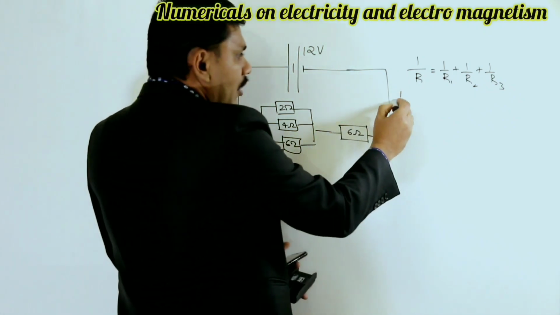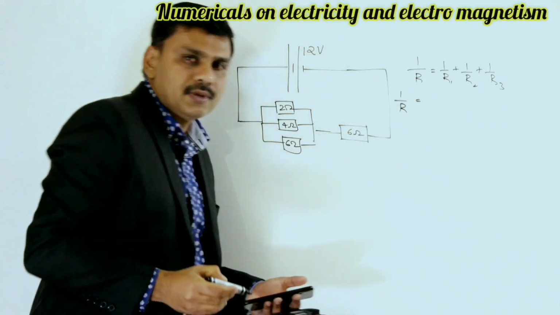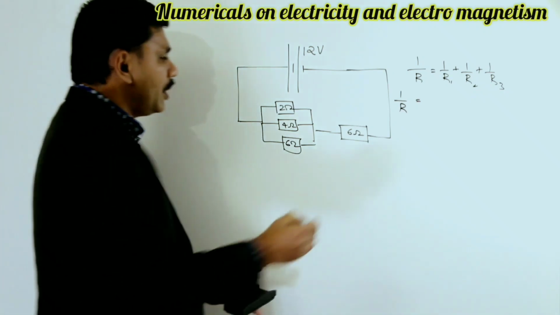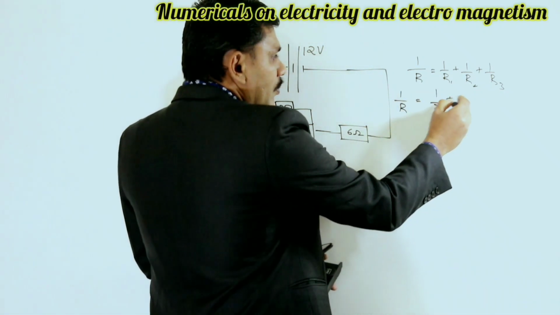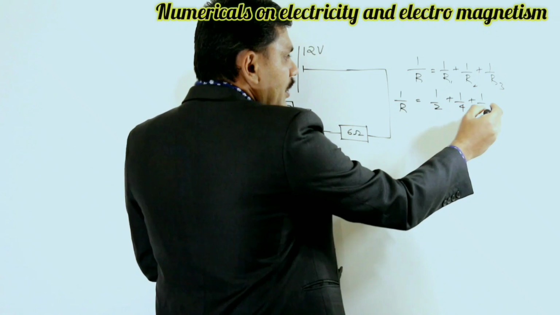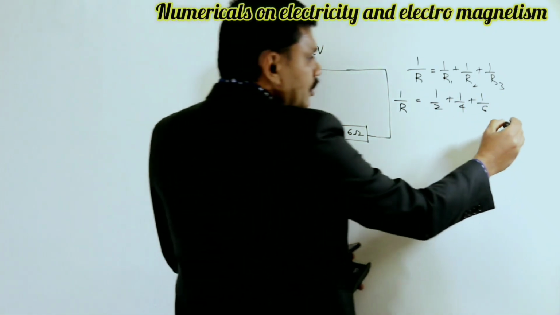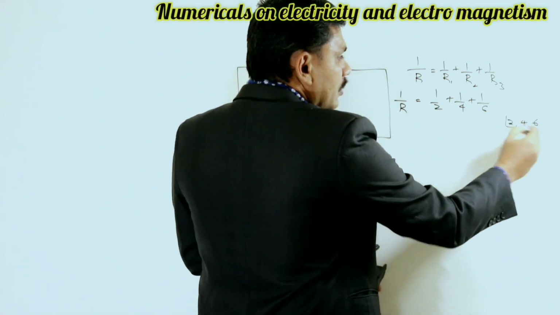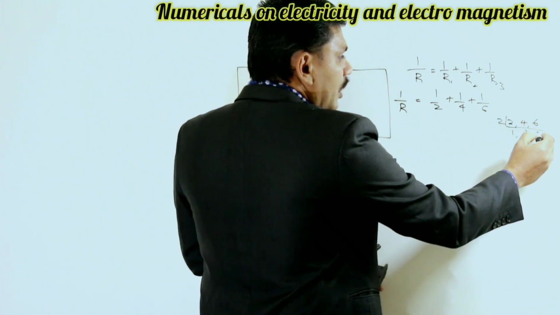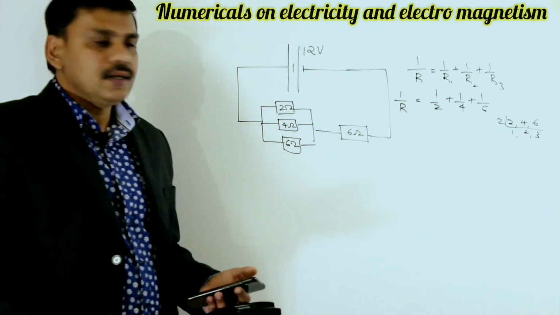Then 1 by R equal to 1 by 2 plus 1 by 4 plus 1 by 6. Then find the LCM of that. For 2, 4, 6, it is 12.